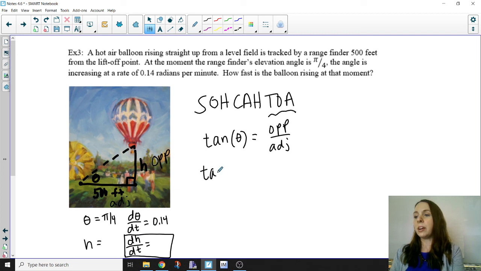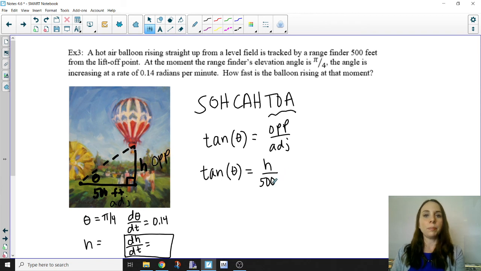So from here, I can say tangent of theta, still a variable here, equals opposite, which is h, over adjacent, which is 500 and not changing. So that one can go in right away. Finally, I have one other suggestion because I know this will make things easier when we take a derivative. Let's multiply that 500 over to the other side.